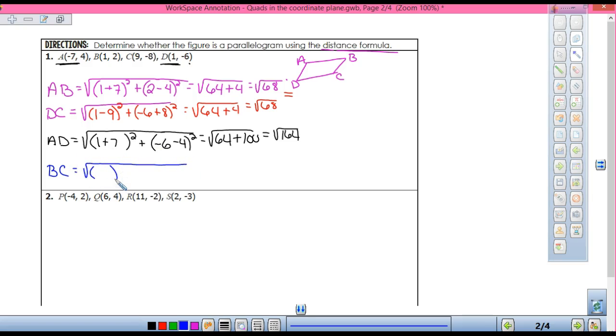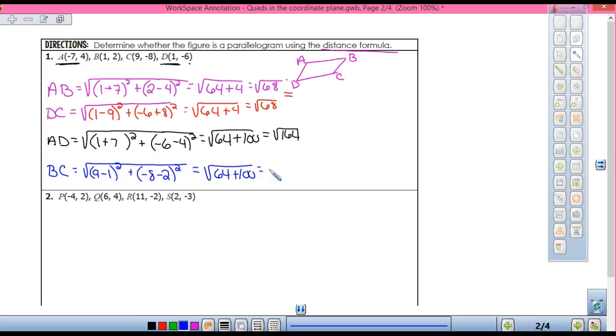The square root of 9 minus 1 squared plus -2 squared. 9 minus 1 squared, 64, plus -8 minus 2, -10 squared, 100.